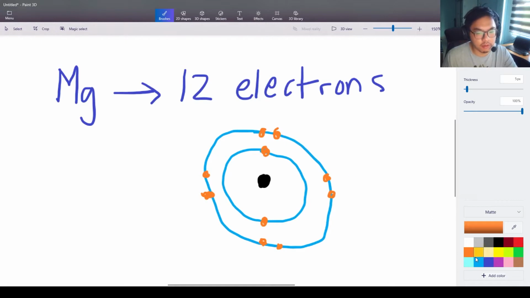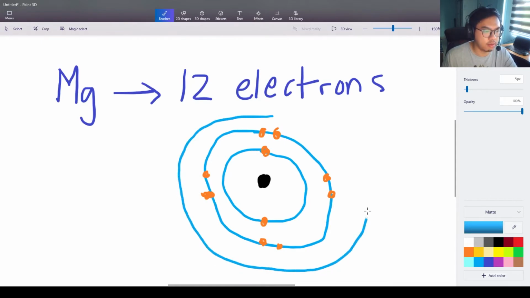Now because that's full, you must move on to another shell and fill that in with the rest of the electrons. At the moment we have 10 electrons, and there are 12 electrons in total. So let's put the rest of the electrons outside in the third shell.